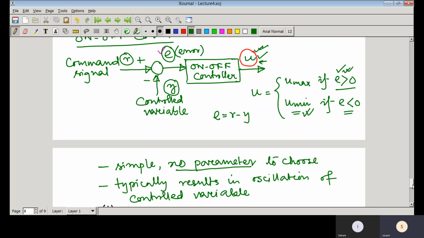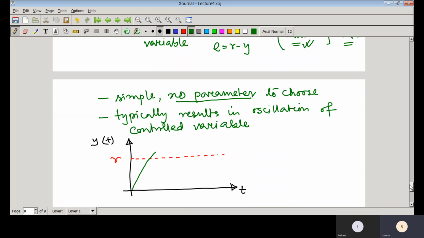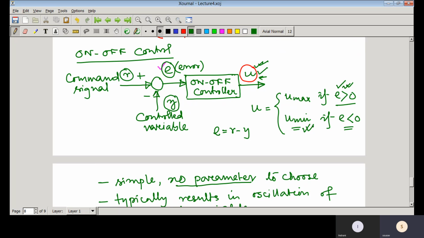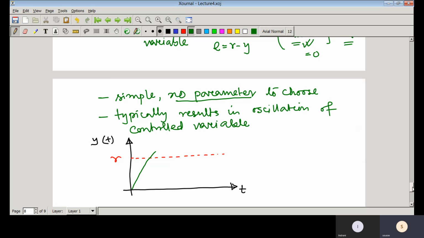So immediately you can see that u min, suppose u min equal to 0. That means whenever this y crosses that r, there is no control input, that means it is in the off stage.